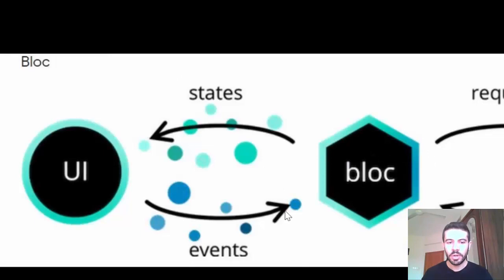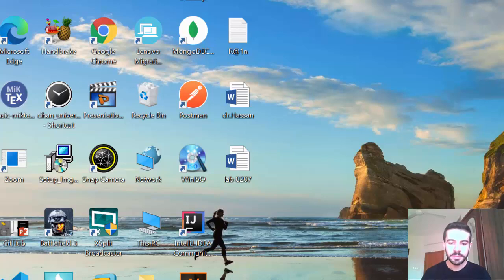We have the bloc, I create the bloc, and I have the UI, which is the main here in our situation. So the events will come from the UI, and the bloc will receive the events, convert them to states or a stream of states, and return them back to the UI. So great, now I have created the state, the event, and the bloc. So I'll just work with this.